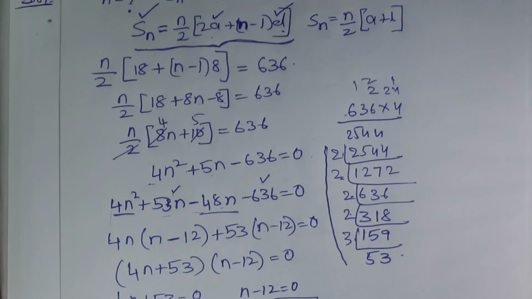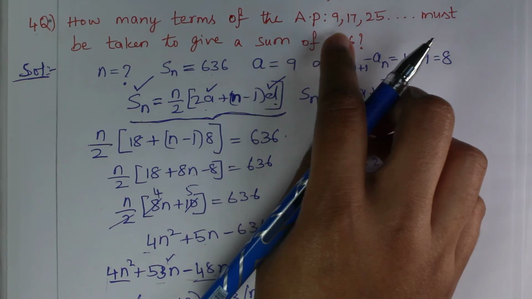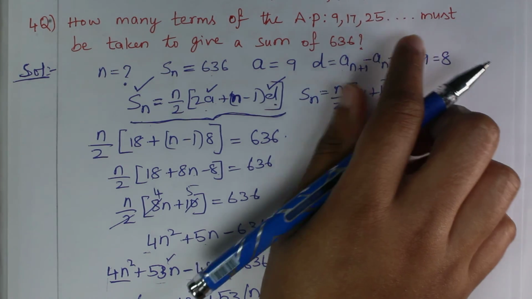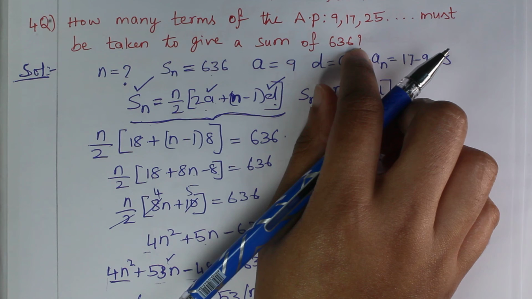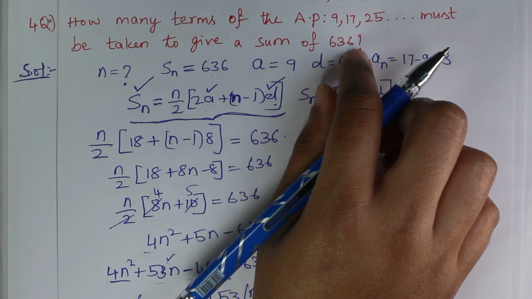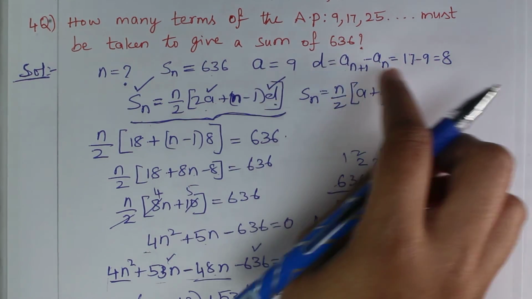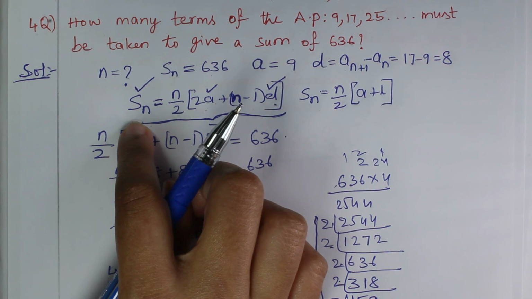I'll explain the problem once again. He has given an arithmetic progression series 9, 17, 25 and so on, and he is asking how many terms of this series are required to make a total of 636. So he is asking for the n value. Sn is 636, a is equal to 9, d is equal to 8, and we have to find the n value from the Sn equation.